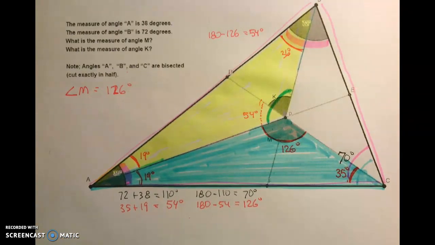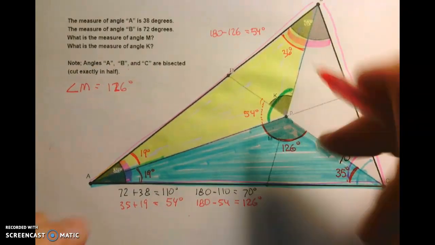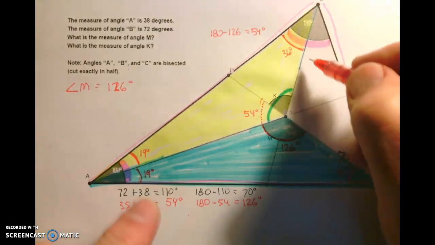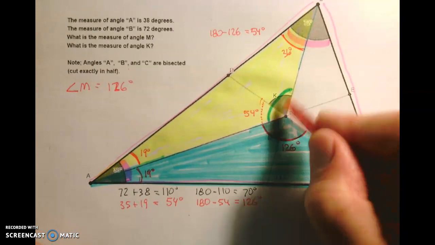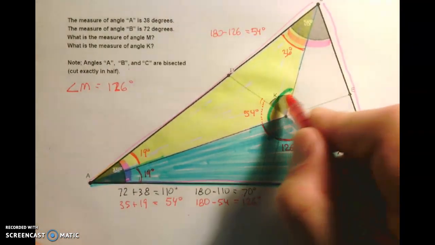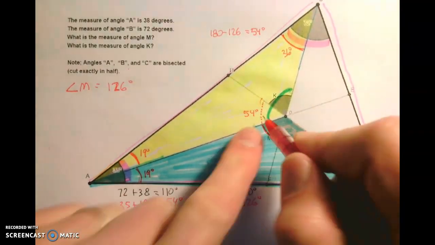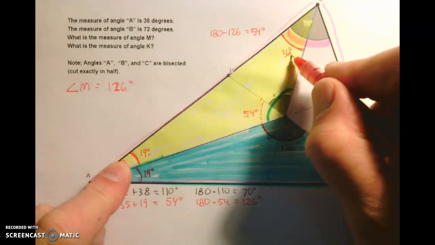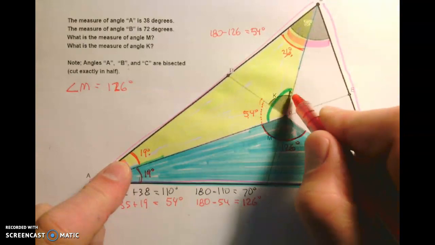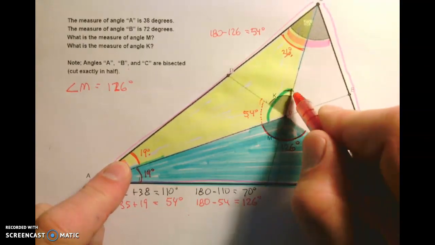So let me figure that out real quick. Well, actually I can skip that, can't I? Because if I'm looking for K, I can just add the 54, the 19, and the 36 plus the balance of that, which is K, is 180.